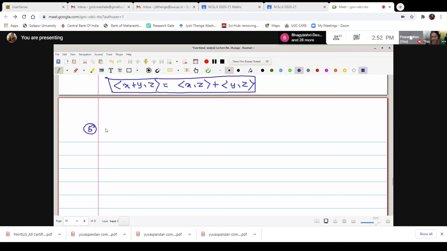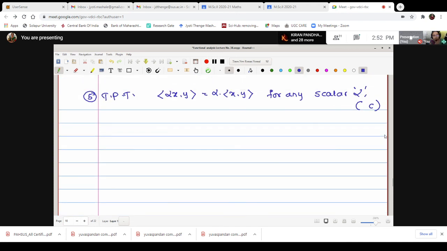I think this is the fifth one, and our aim is to prove that inner product of alpha x with y is alpha times inner product of x with y for any scalar alpha in C, no doubt, right?